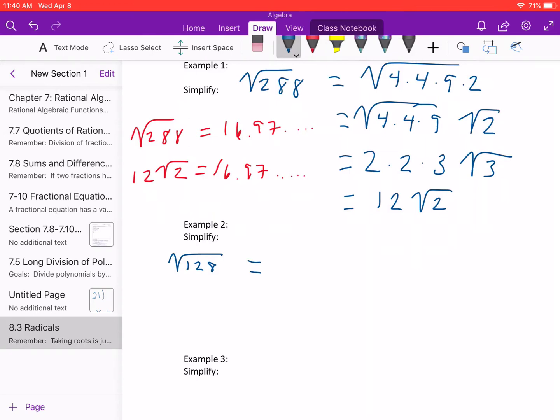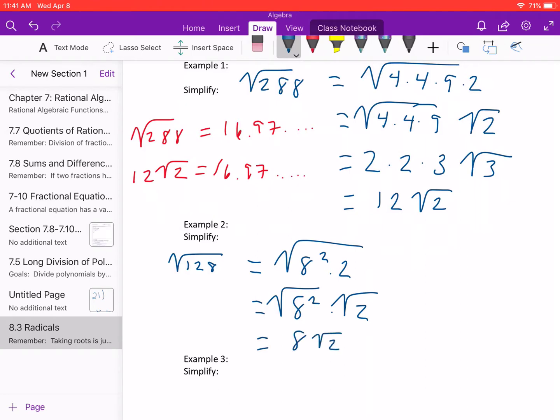So this becomes the square root of 8 squared times 2. Then I have the square root of 8 squared times radical 2, and that ends up being 8 times radical 2. For those of you that are confused where that 8 squared came from, that's going to be 64.